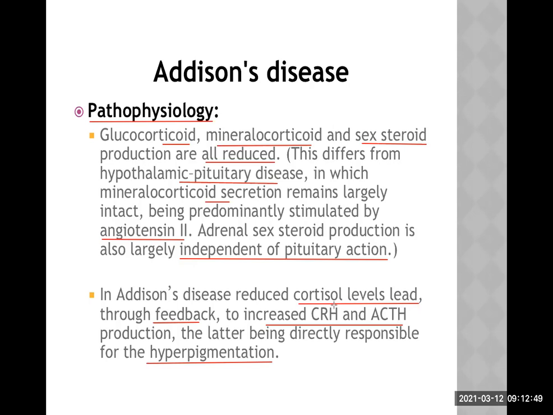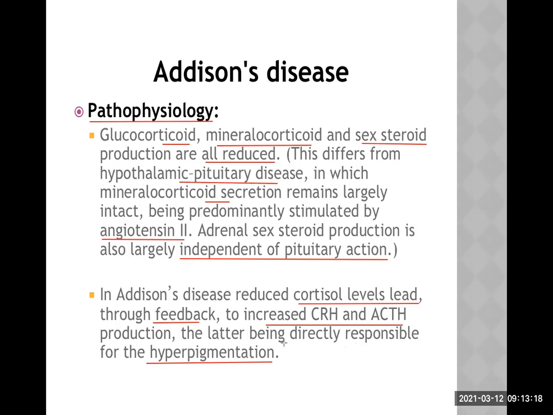One of the important clinical features here is hyperpigmentation in different parts of the body, especially on scar tissue as well as in the mucous membrane. Why is that? Because ACTH is stimulating melanocytes. What is the function of melanocytes? Color, sir. Increase color.